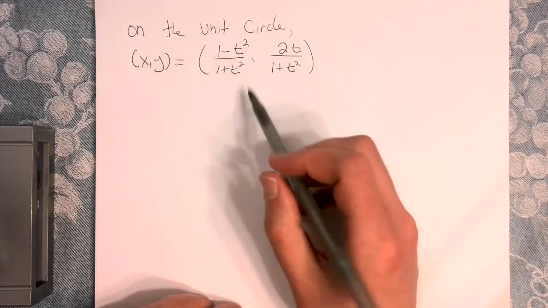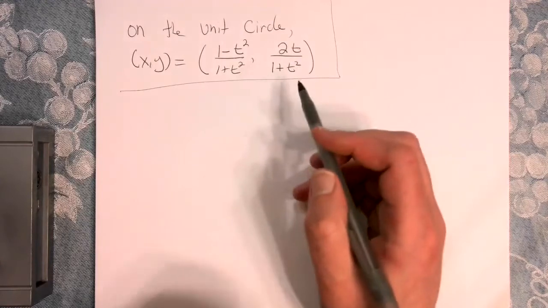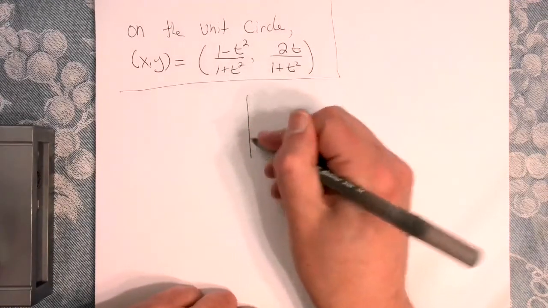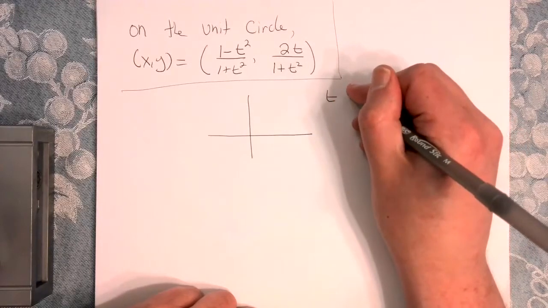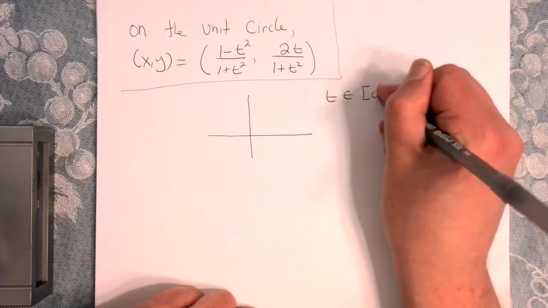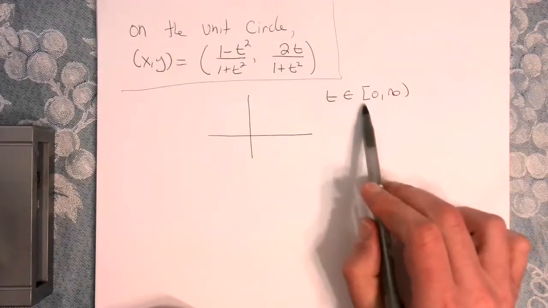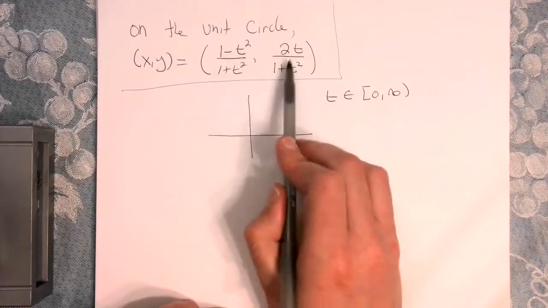And let's just do a little investigation of how this relates to the unit circle in terms of drawing it and whatnot. Okay, so for choices of t that are in this interval, so if t is 0, you see we land at 1, comma 0, right?